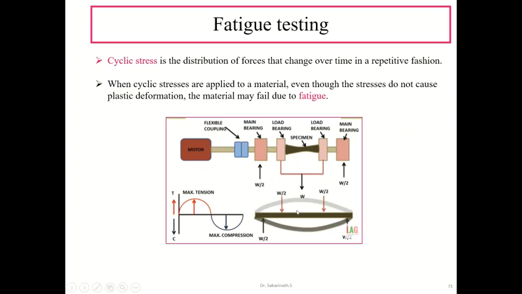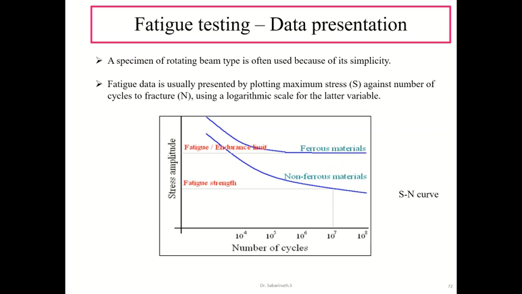A series of tests will be carried out on the specimen, starting at a relatively large maximum stress amplitude, and the number of cycles to failure will be counted. The data observed will be plotted on a stress versus number of cycles curve, that is an S-N curve, to determine when the fatigue failure of the material will take place.